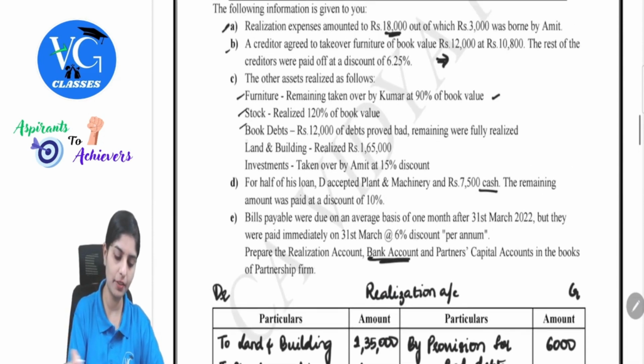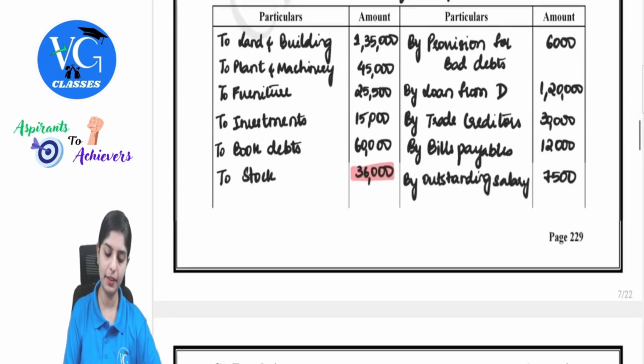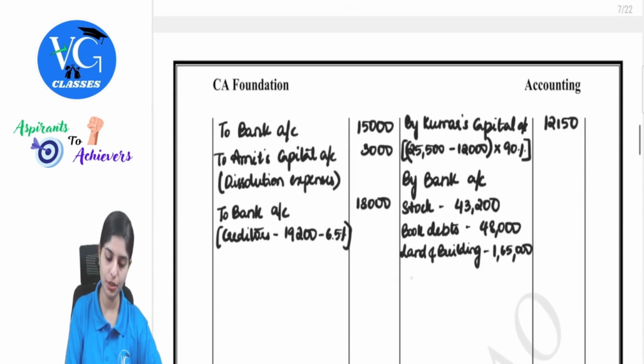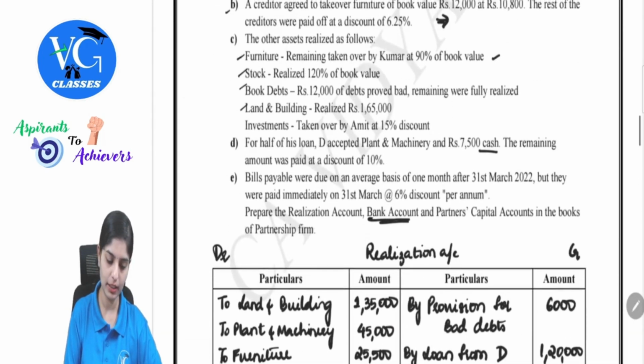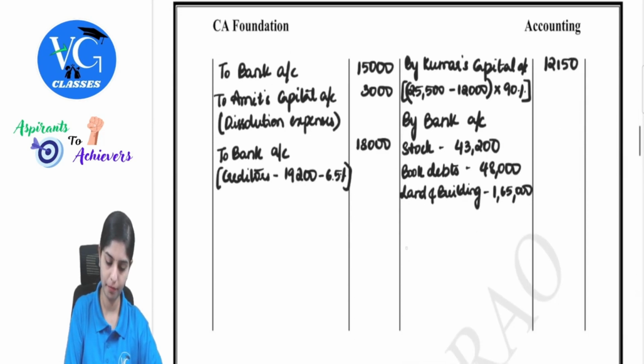Then we have investments taken over by Amit at 15% discount. Amit is a partner. So what will be the entry? Amit's capital to realization. So all other things realized by Amit's capital.